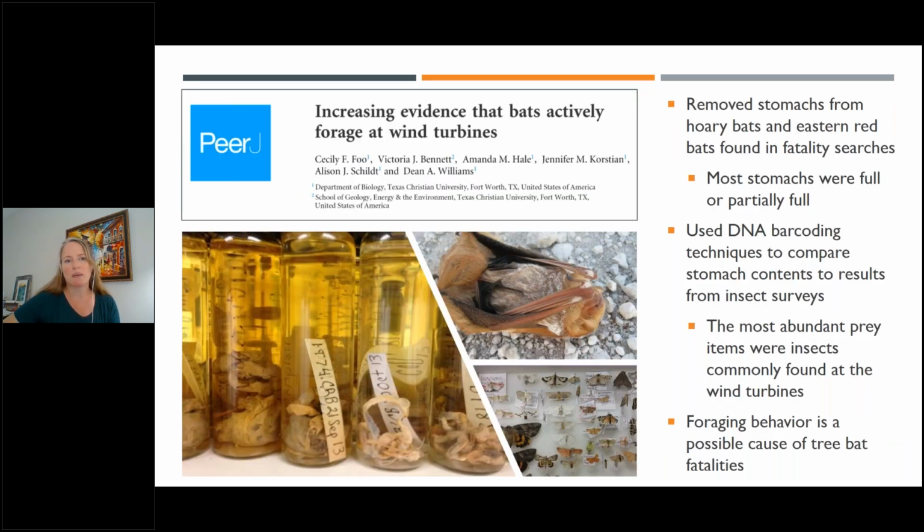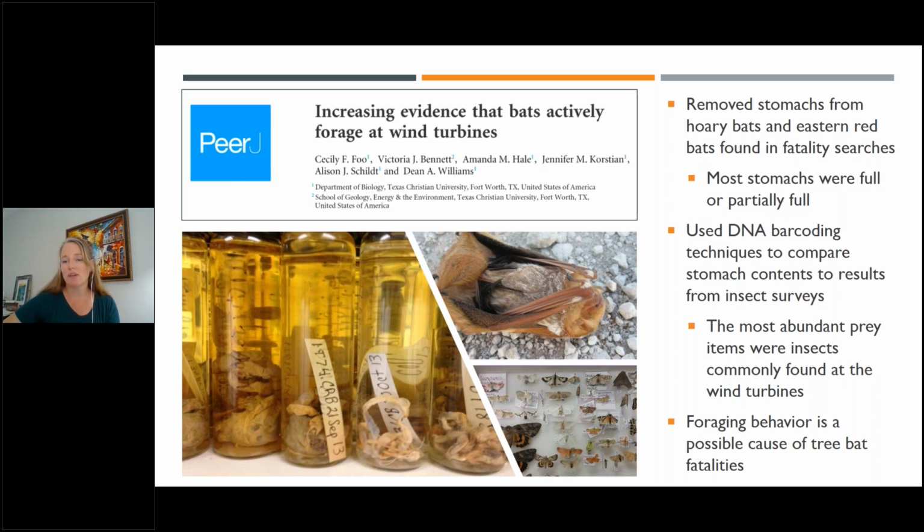Another example is this paper by Fu et al. from 2017. And among other things, what they were interested in looking at was foraging activity of bats around wind turbines. And so they removed the stomachs from hoary bats and eastern red bats found in fatality searches. And what they discovered is that most of the stomachs were full or partially full, indicating that the bats were actively foraging just prior to the time of death.